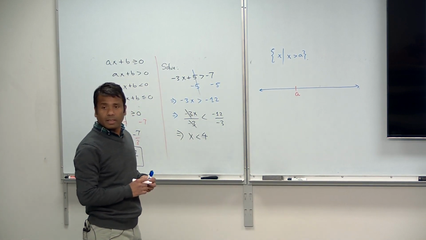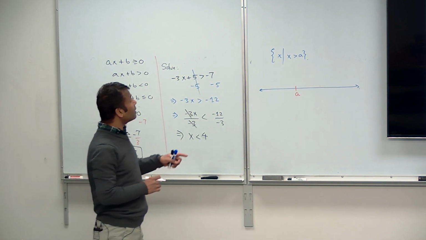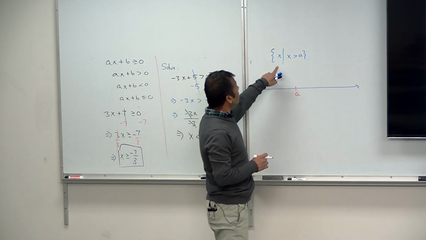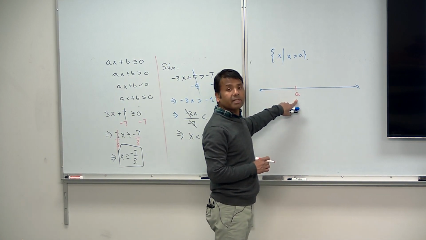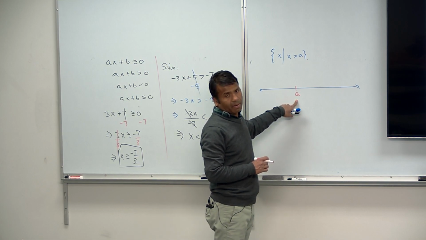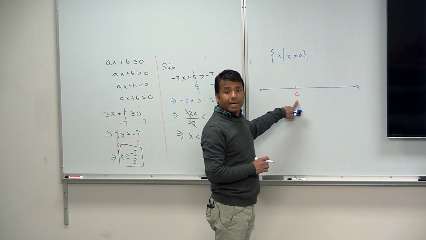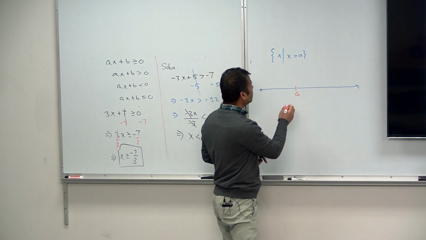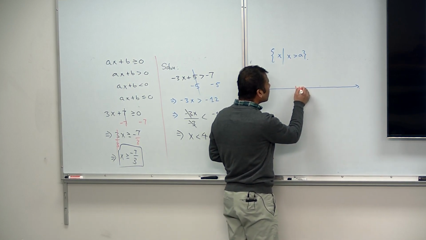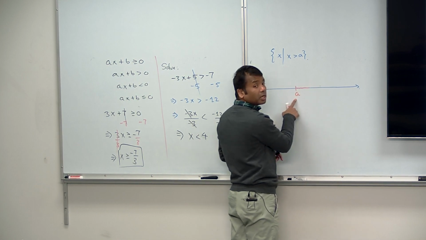Does that make sense? This set consists of all the values of x such that x is greater than a. The values of x greater than a lie to the right of a. But it does not include a.